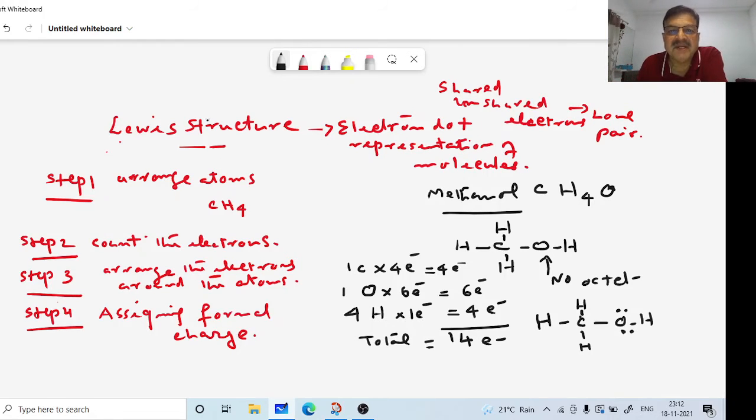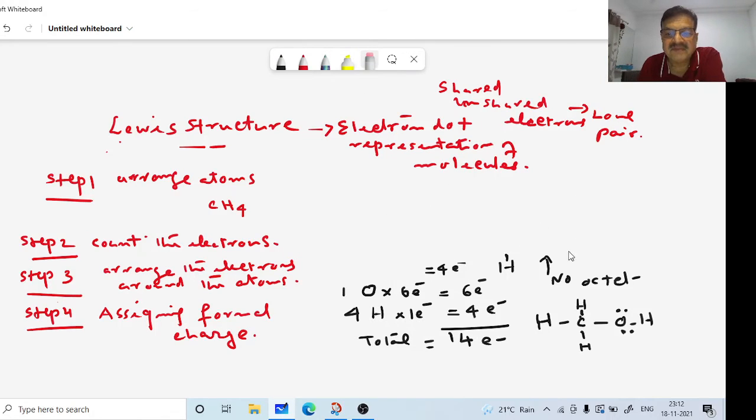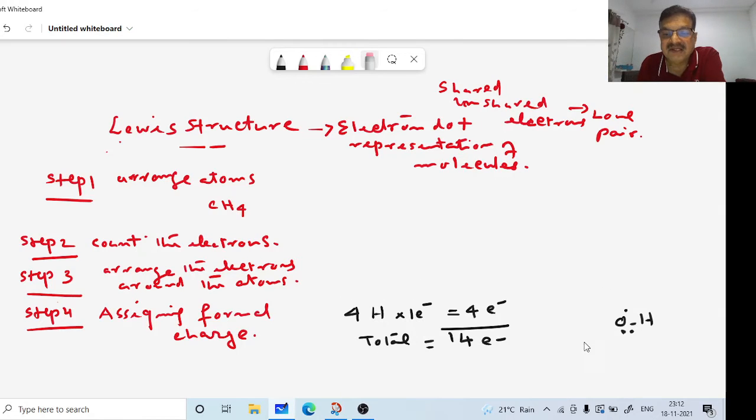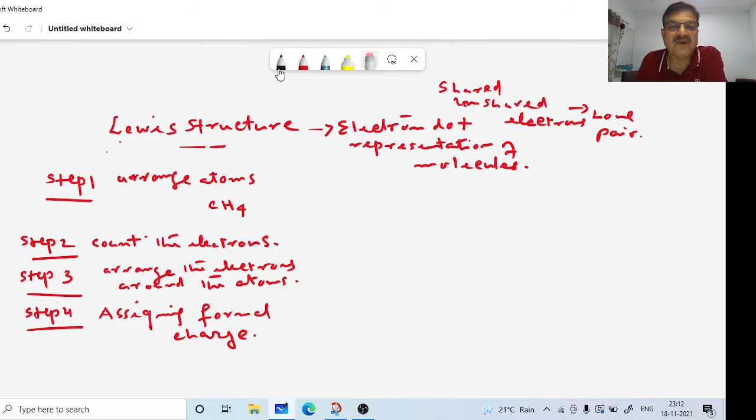We will come to multiple bonds. That is also interesting, but not complicated. The same procedure we will have to follow. Ethylene has a double bond and acetylene has a triple bond. How are these bonds formed?